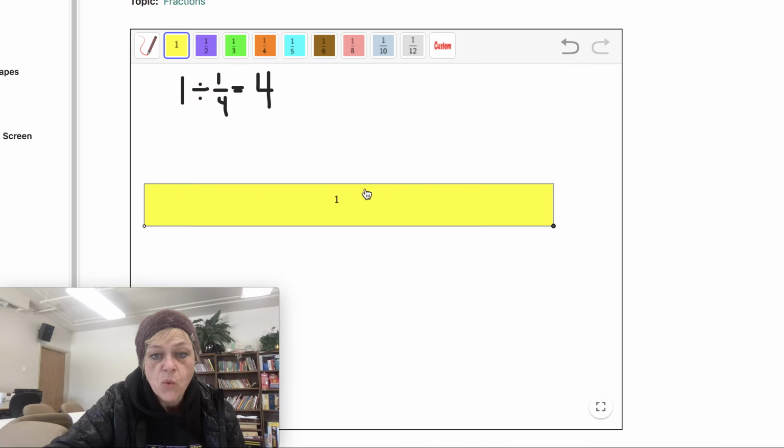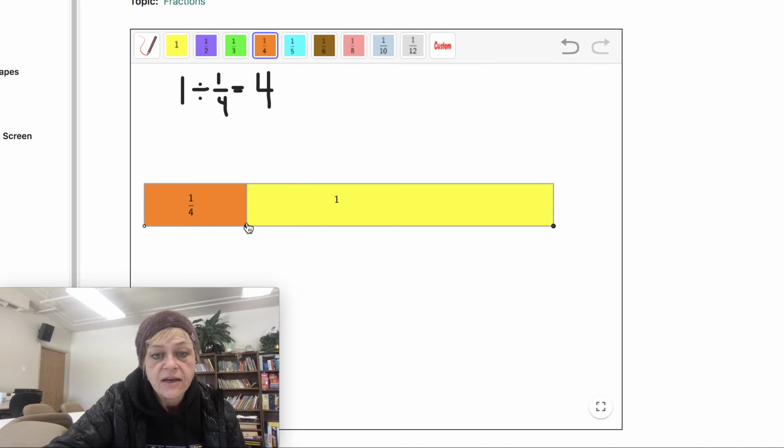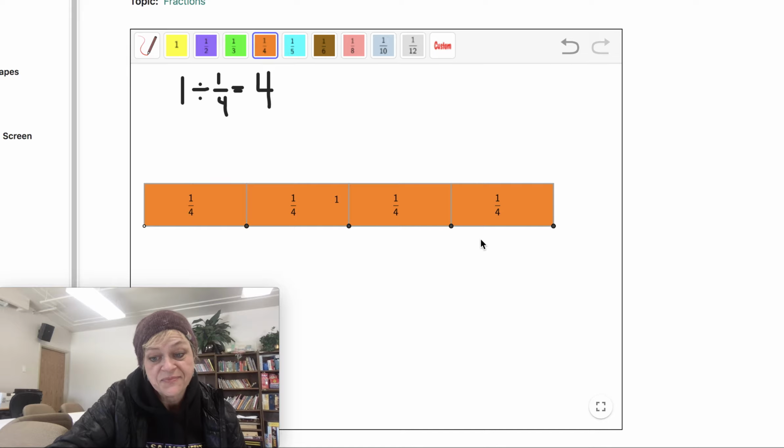So there is my 1 whole. So now I'm going to find my 1/4, and we're going to see how many of those fit inside of this 1 whole. There's 2, 3, 4. So this equation is absolutely true. 1/4 fits into 1 whole 4 times.